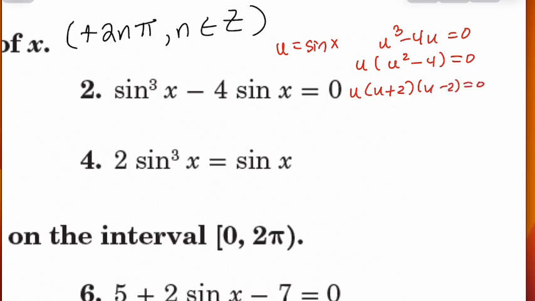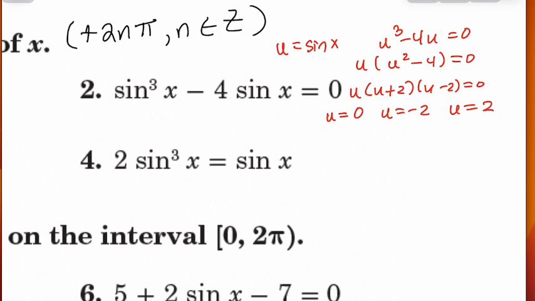You can also just set u squared minus 4 equal to 0 and solve and get plus or minus 2. I don't care, do whatever you like to do. But in this case, I get that u equals 0, u equals negative 2, or u equals positive 2.